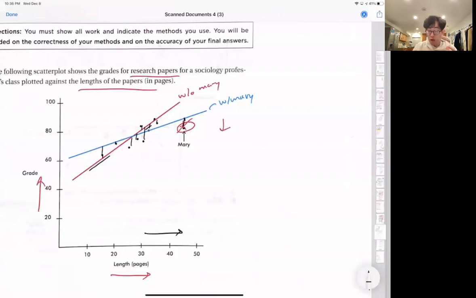Because if the trend is more pages, more points, Mary did way more than this particular student did, and they got about the same score. So it doesn't fit in the overall trend of the data. If you plug in a dot that doesn't fall well with the rest of the group, your correlation coefficient will decrease, because your association has now been weakened by that one particular point.